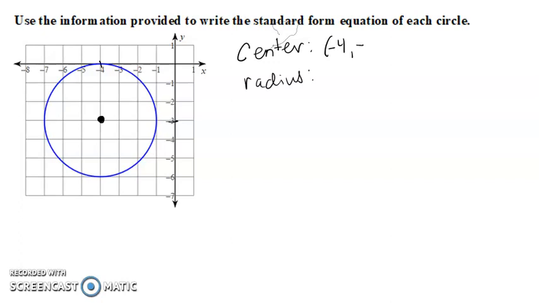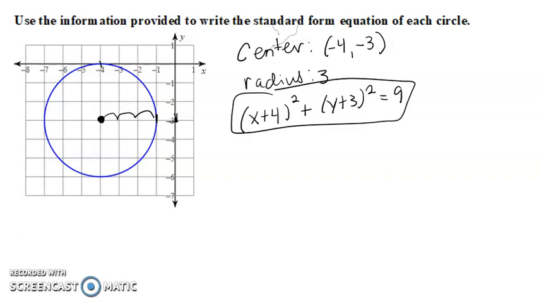So that's my center, and then my radius is 1, 2, 3. So always be careful with the radius. This radius length is 3. Don't go all the way over here. So my equation is going to be x plus 4 squared plus y plus 3 squared equals 9. And those are the 3 ways that you can be given this information.